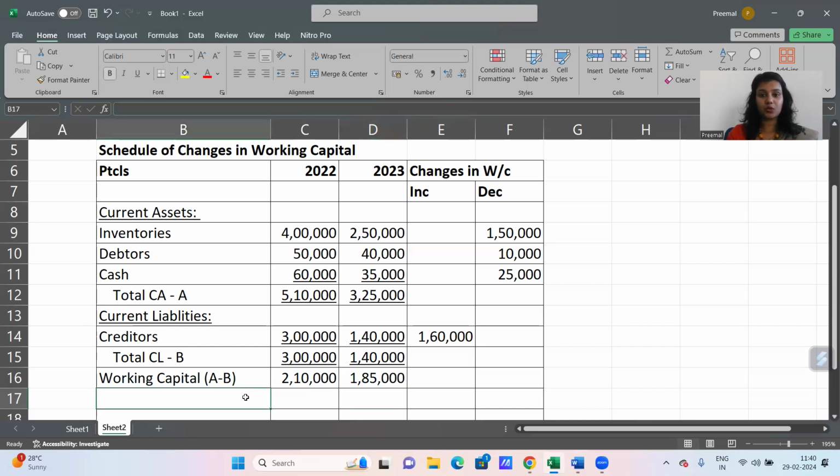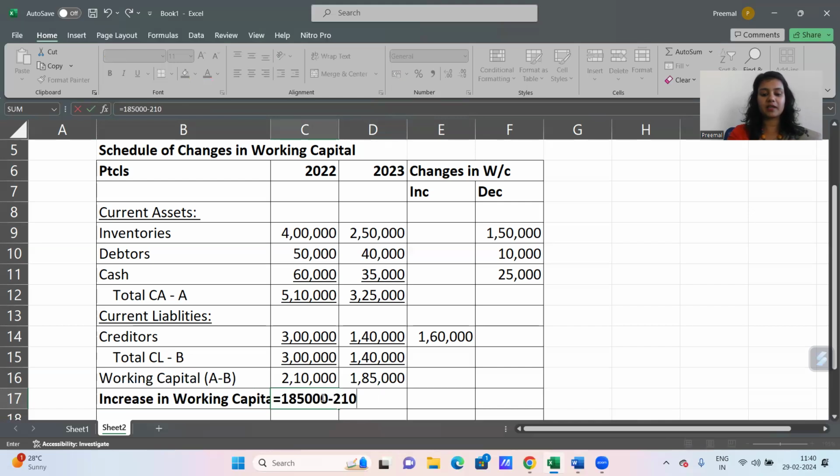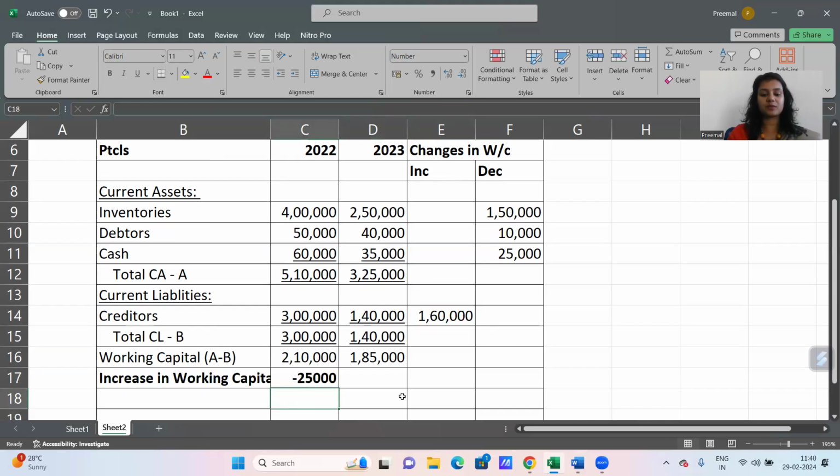Therefore, you can conclude that there has been an increase in working capital. So the difference in increase in working capital must be mentioned, 1,85,000 minus 2,10,000. This increase in working capital will be considered in the last step.